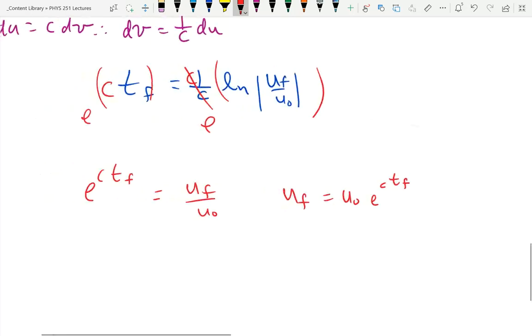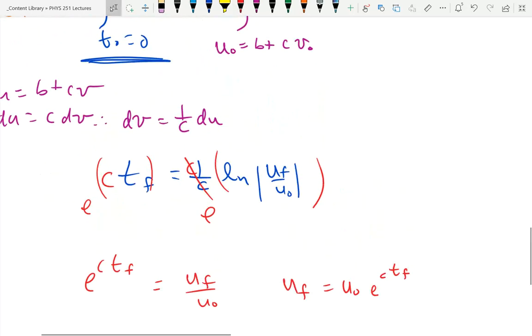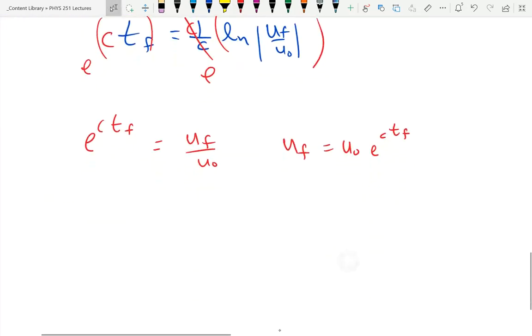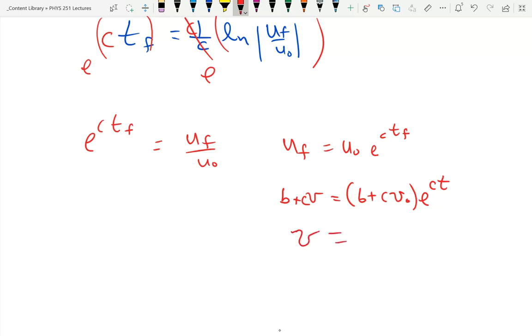And since U is B plus CV, I have B plus CV is equal to B plus CV initial E to the CT. Or finally, V is equal to B over C plus V initial.